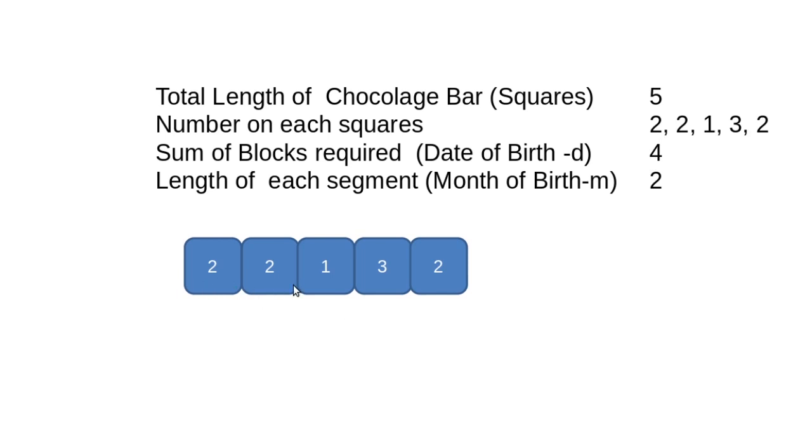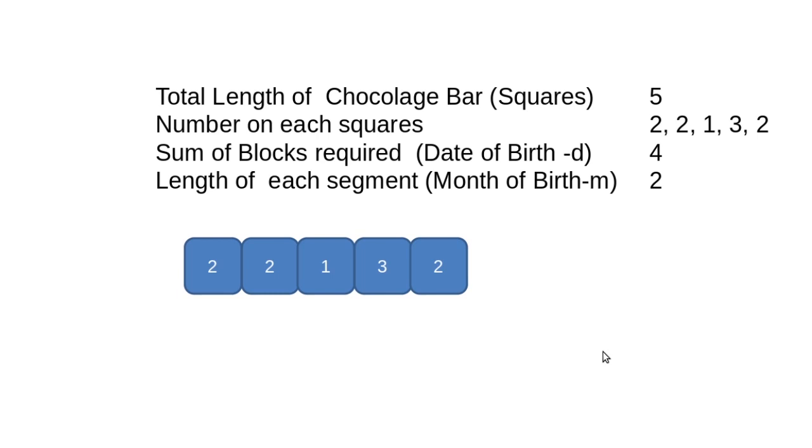You can just see 2, 2, 1, 3, 2. And the d and m values are given in the third line. The value of d is 4 and the value of m is 2. Now your job is to select bar segments in such a way that the length of the selected segment matches the value of m, which is 2, and the sum of the values matches the value of 4, right?